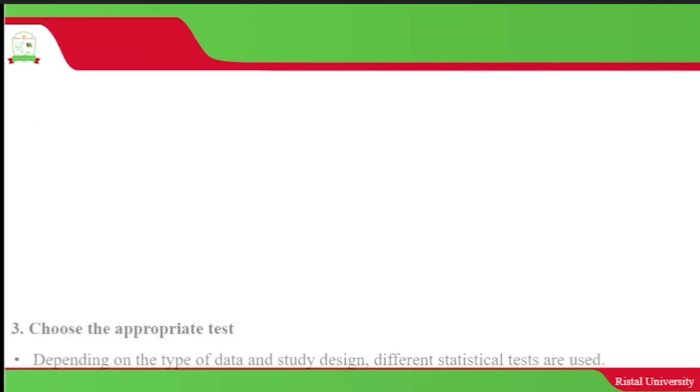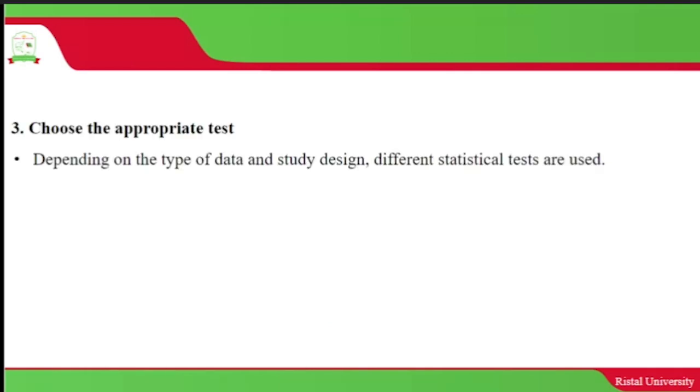So next, we choose an appropriate test. Depending on the type of data, the type of study design, the type of outcome that we are studying, and what we are really interested in, we choose an appropriate test. Remember the tests that we've looked at earlier?